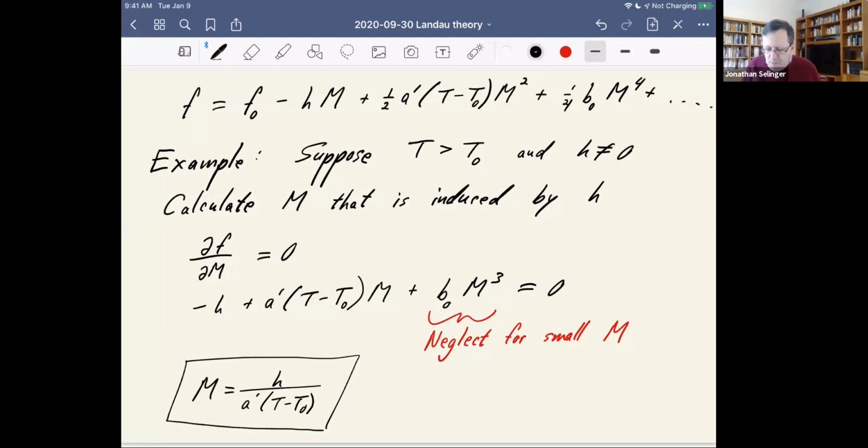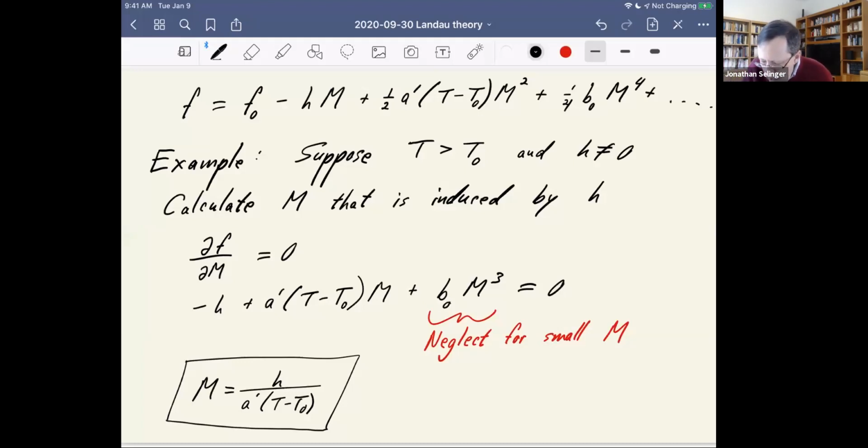So this is a prediction for how much magnetic order is induced by the applied field at a temperature above T0. So how much order is induced in the paramagnetic phase, the disordered phase. Right?